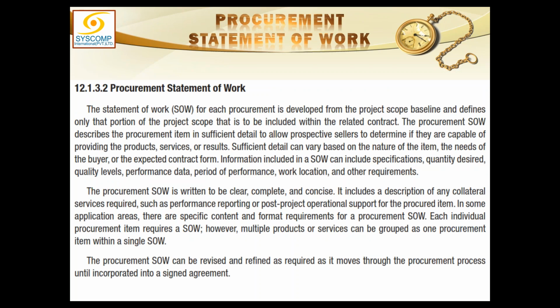Then there is the procurement statement of work. As I described earlier, as soon as you have done the make or buy decision for all those items which are to be bought, you have to create a statement of work. No matter whether that is a raw material, a machine, a product or a service or a result, whatever that is, the statement of work will have to be developed for that.